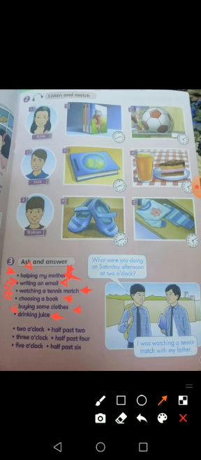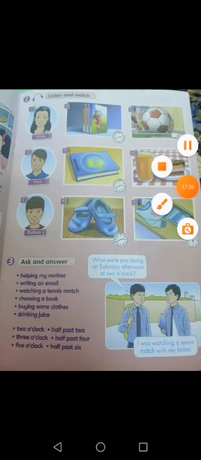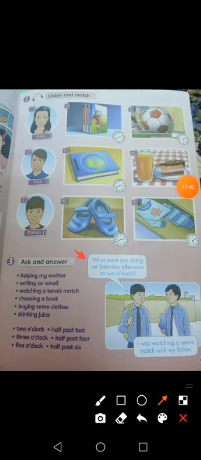Okay, so please try to make a question. Ask, for example, your brother, your sister, your mother, your friend, using this kind of question. What were you doing on, for example, Saturday, Monday, Tuesday afternoon, at 2 o'clock, 2:30, 3 o'clock, 4:30, 5 o'clock, 6:30?